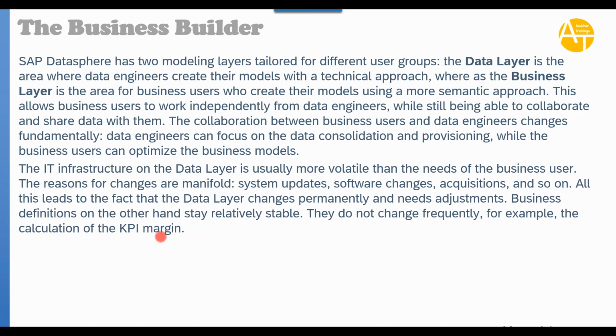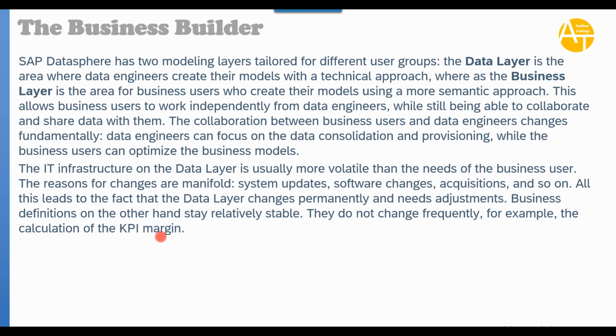So usually when you look at a company, guys, your data sources keep on changing. Today you're taking from BW, tomorrow from S4, tomorrow let's say a table change, column change. You have a lot of changes in the data layer. Now, if you have a lot of changes, the consumer will get affected because of that. So to abstract our consumer, we would have a business layer in the middle.